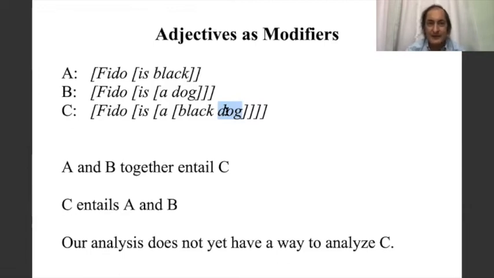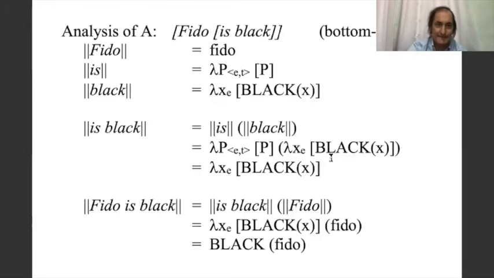Our analysis, however, does not give us these observations. It doesn't predict these. And the reason is because we don't yet have a way to analyze this sentence. Why not? Well, let's take a look and we'll see.